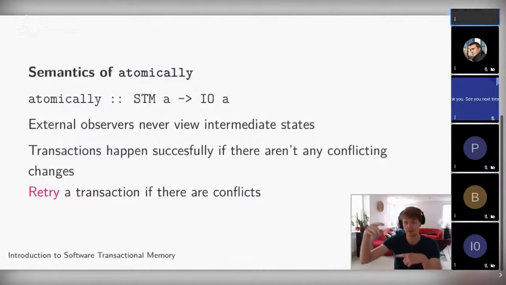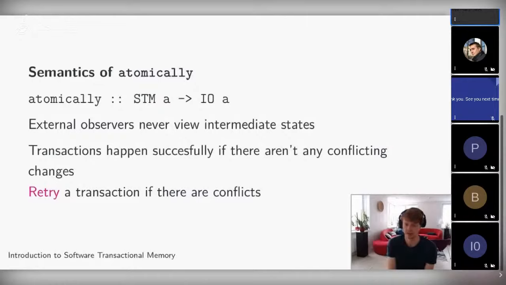So I never see that. This is the consistency part. If I am in the middle of transferring money from one account to the other, and I've debited the first account but haven't credited the second, that intermediate state is not visible to any external threads or observers.